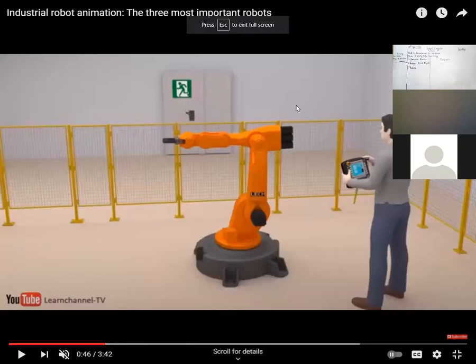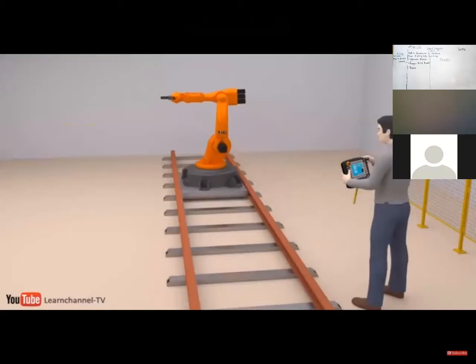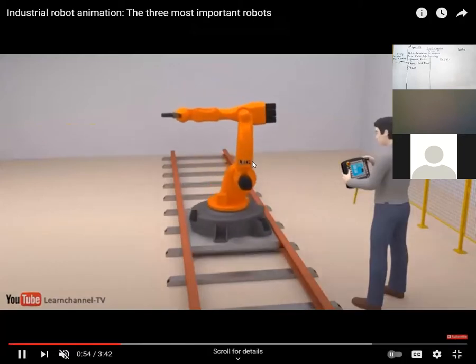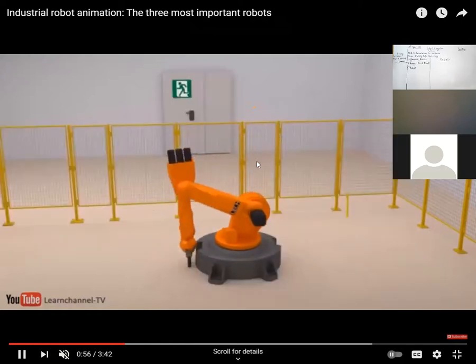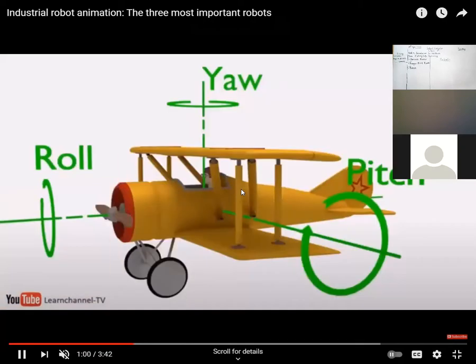Okay, here you can see, here is a robot. This is the robotic machine which is working and the man is handling it, means controlling it.